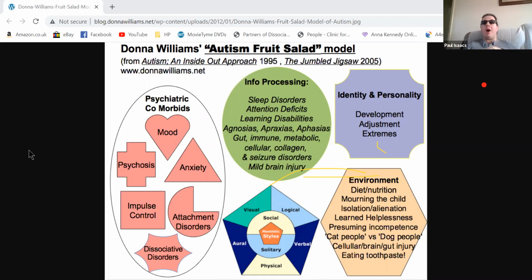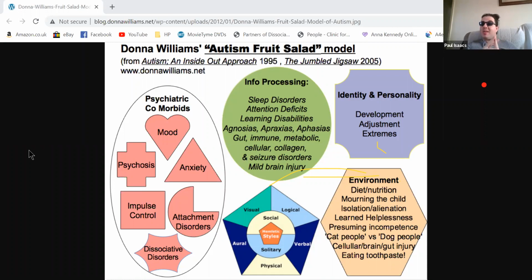It's not a part of everyone's because autism is different for each person, okay? So that's a basic overview of the information process, and it gives you an introduction. If you want to look at this in more depth, you can look at my blogs and Donna's blogs. The next aspect is psychiatric comorbid. So this is mental health.